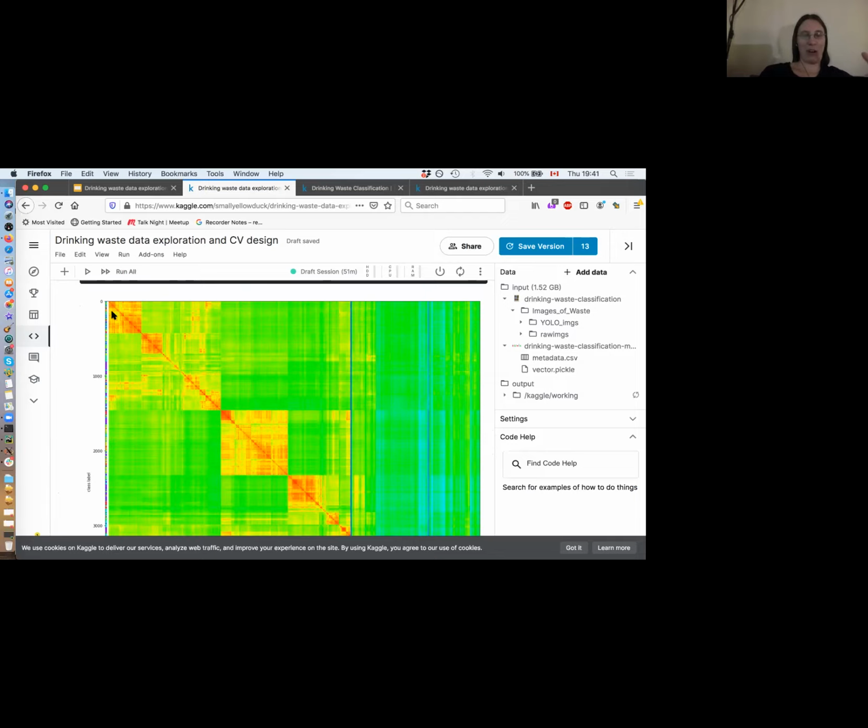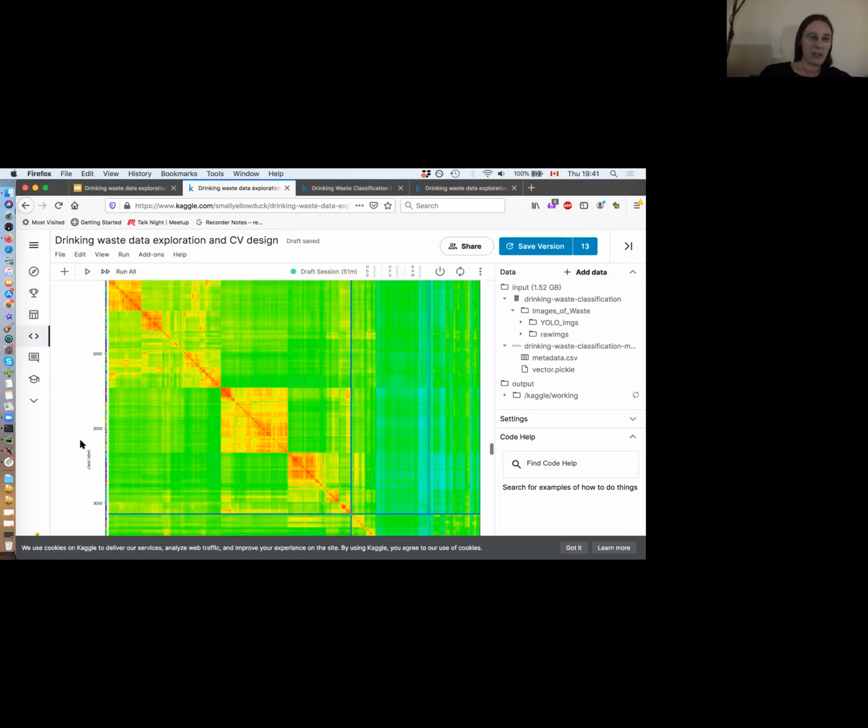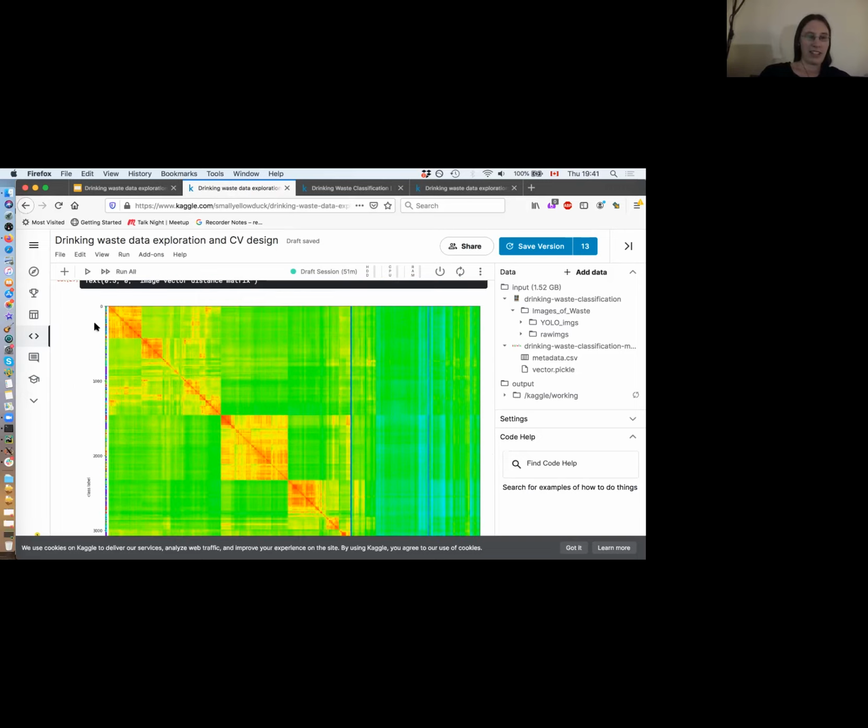So you can see all along the diagonal, all the red pixels where you have similar images are together along the diagonal. And I've continued to put the class label along the left-hand side here. So you can actually see that there continue to be clumps where the label is the same, but it's also mixed it up a little bit. And so probably what that's telling us is that there are a bunch of images of different items that were taken on the same background.